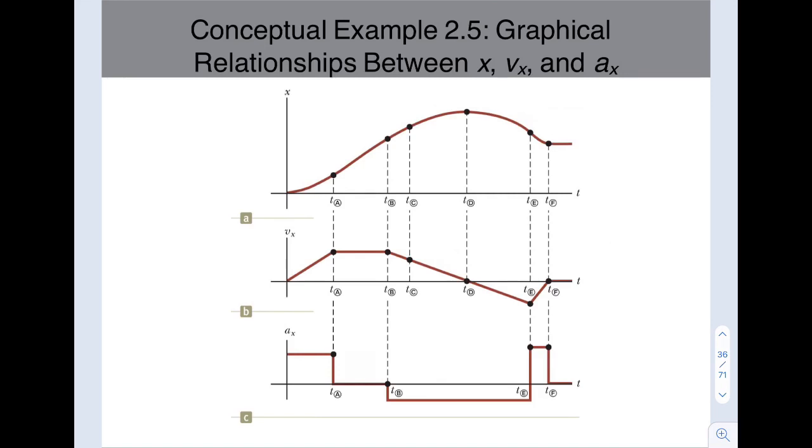Next one. Now you have the A. To get the A graph here, you have to figure out the slope of the V versus T. For example, a constant slope, right? That is why the A is one value. Okay, no slope, right? That is why the A all of a sudden drops to 0. There is a slope here, but negative.